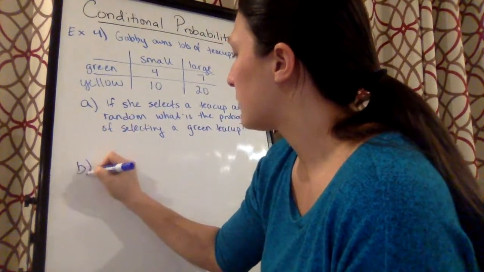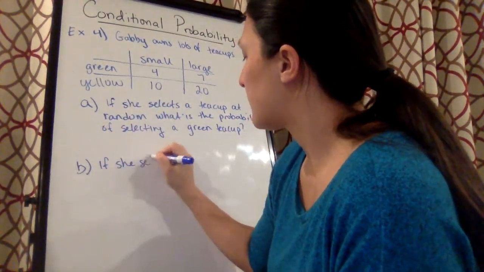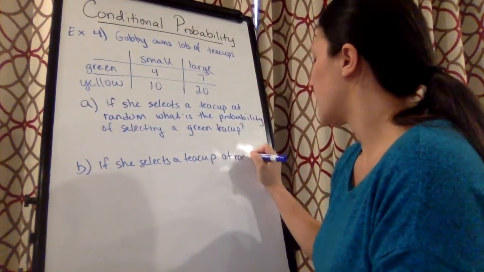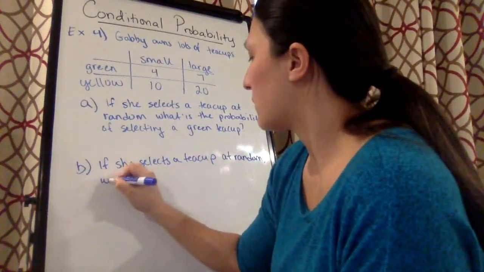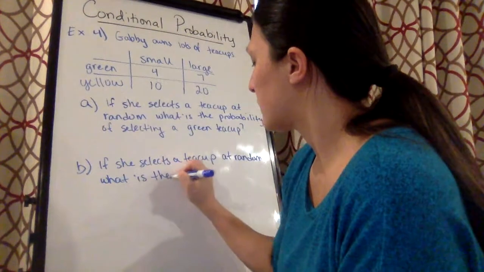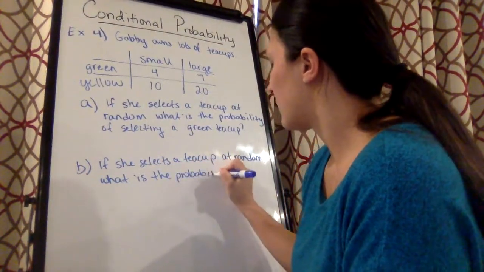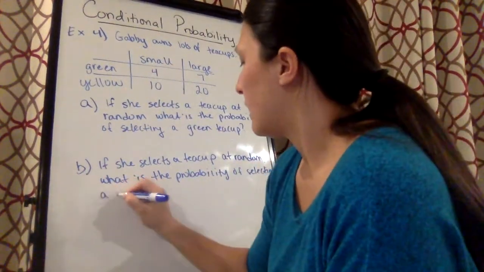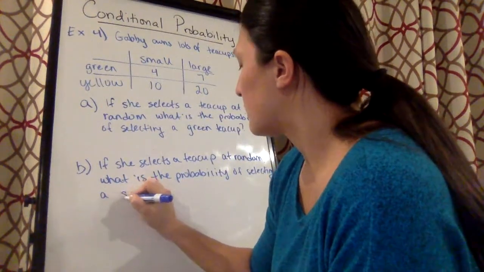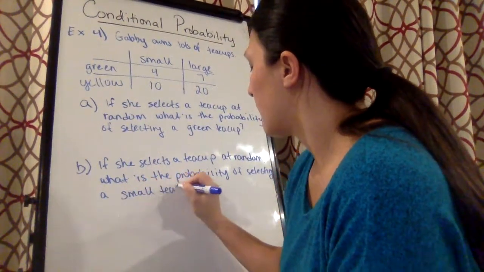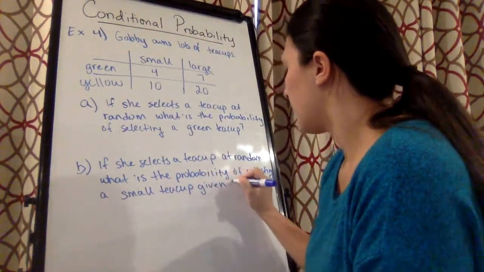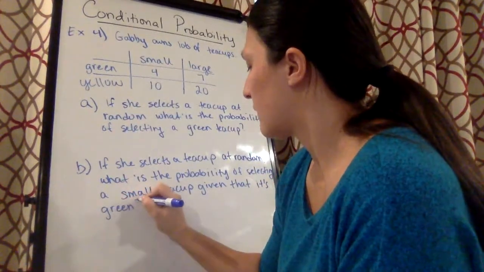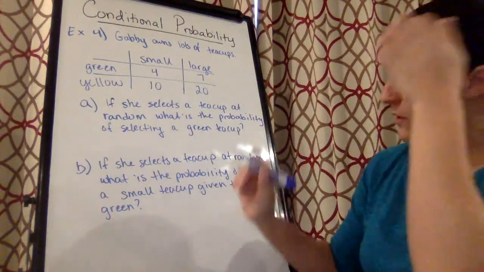Then part B. If she selects a teacup at random, what is the probability of selecting a, let's go with small teacup, given that it's green? Okay, and we'll put one more question on here.